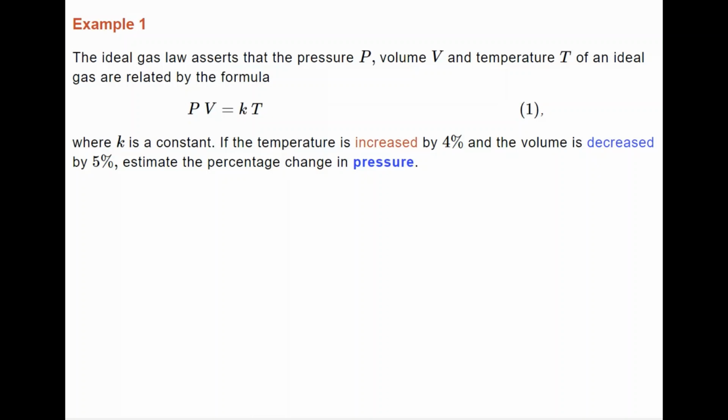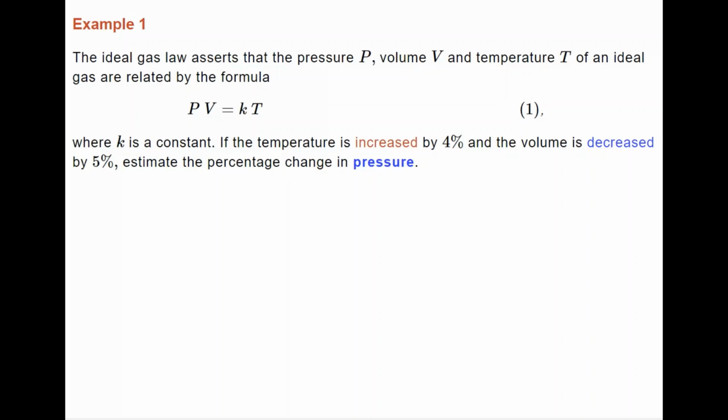The first example we are considering is the ideal gas law, which states that if there are three elements, the pressure, volume, and temperature of a gas, then they are related by equation 1, which means that pressure times volume will be equal to a constant K times the temperature of the gas.